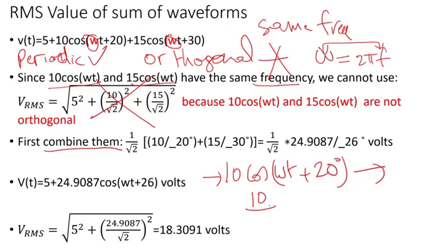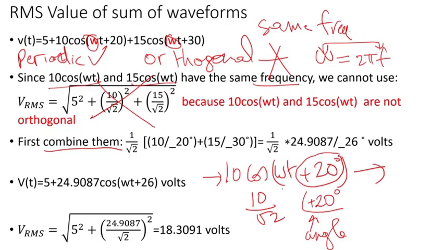So divide that by √2. Then we put this symbol here to mean angle. So we take whatever phase shift we have, including the sign. So it's plus 20. If you had minus, then you have to use that minus.